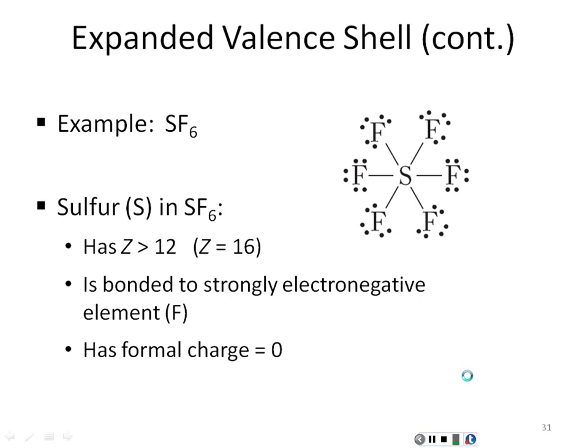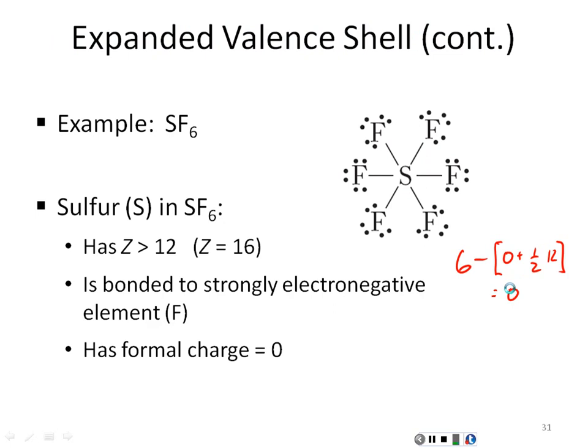And if we look at the formal charge on sulfur, it would be 0. Right? If we calculate the formal charge, it would be 6 minus 0 plus 1/2 of 12. So that would be a total formal charge of 0.